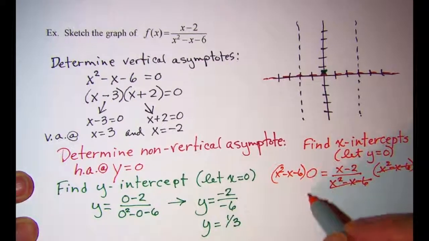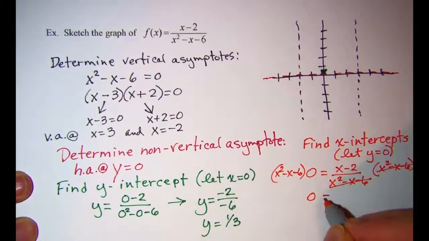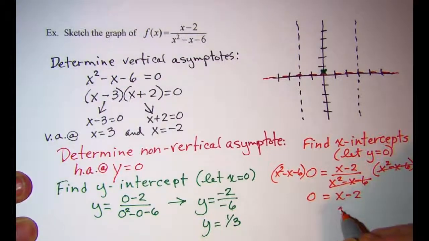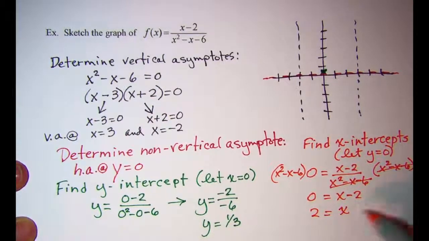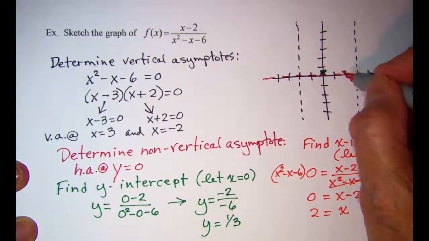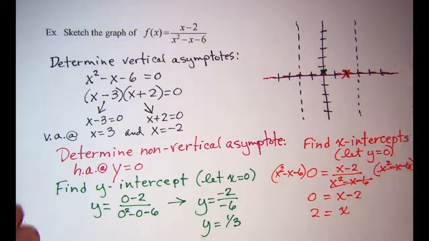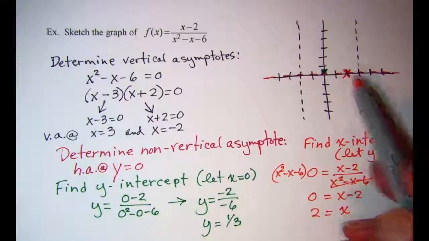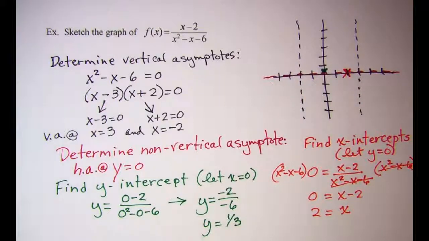And I have 0 still on the left, equal to x minus 2. Add 2 to both sides, so x equals 2 is my x-intercept. That means our graph is going to cross the x-axis at 2.